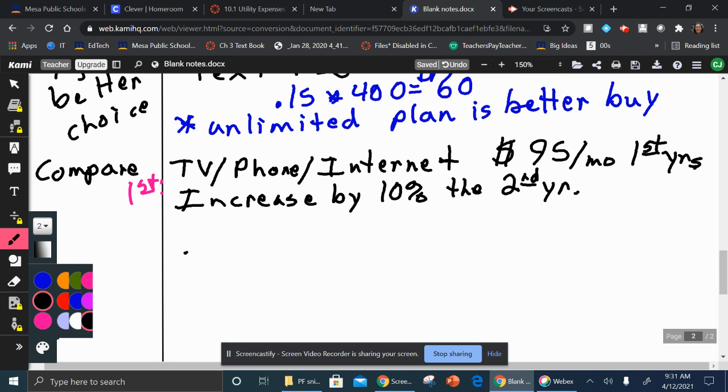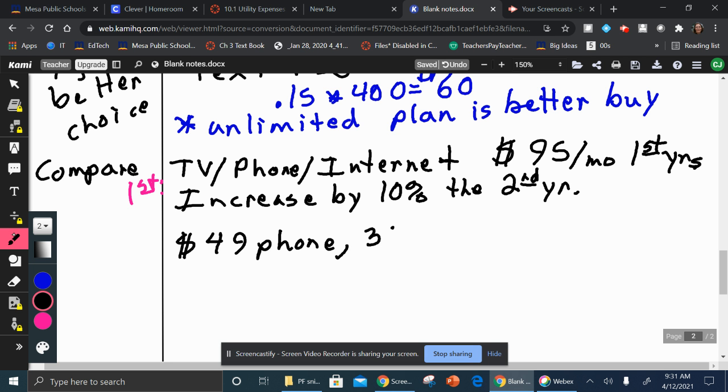Okay, everybody, what if we needed to compare it? So we had $49 for the phone, $35 for cable, and $50 for the Wi-Fi.